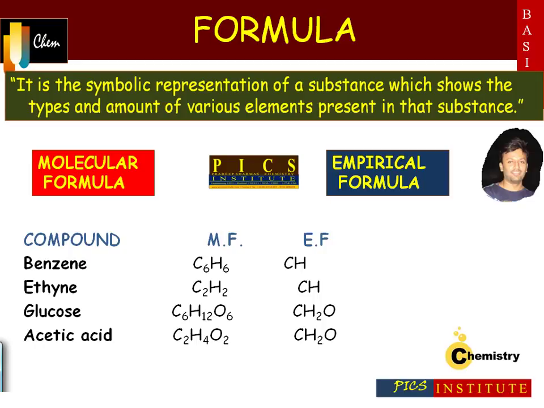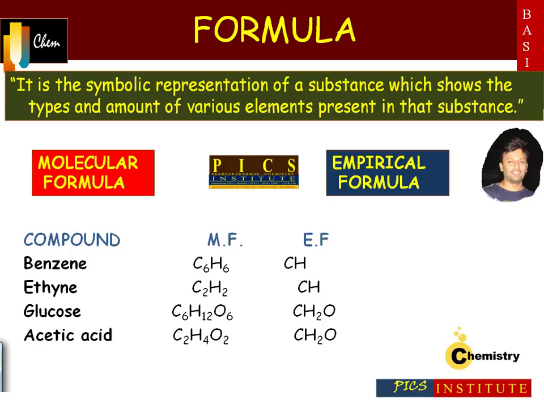Out of molecular formula and empirical formula, molecular formula is always preferred because it tells us about the actual number of atoms. Further, two or more molecules can have the same empirical formula, as we can see with benzene and ethyne. They are differentiated by their molecular formula, but their empirical formula is the same.